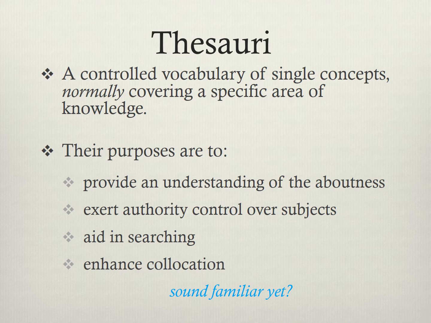And what is syndetic structure? It's the cross-references and the relationships between indexing terms, those things I was just talking about, the RTs, BTs, NTs, etc. Most thesauri focus on a single discipline or knowledge domain, but some subject heading lists attempt to cover the entire world of knowledge.